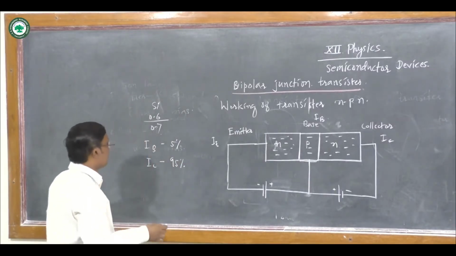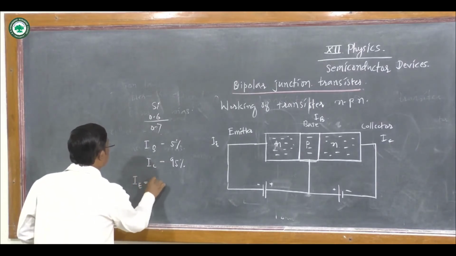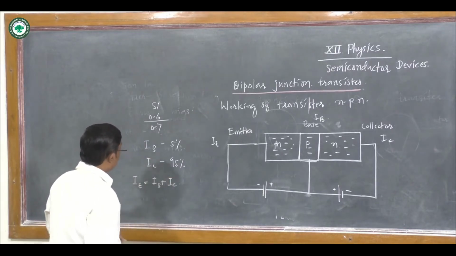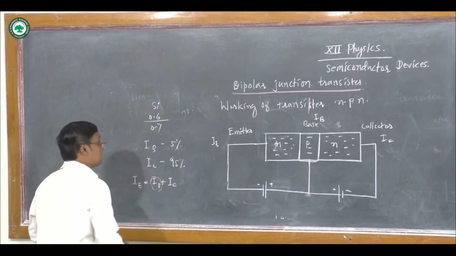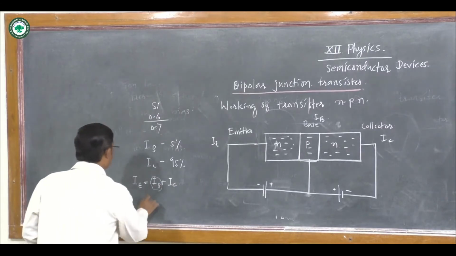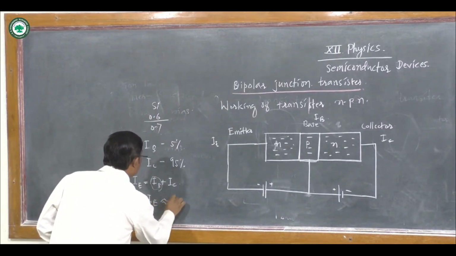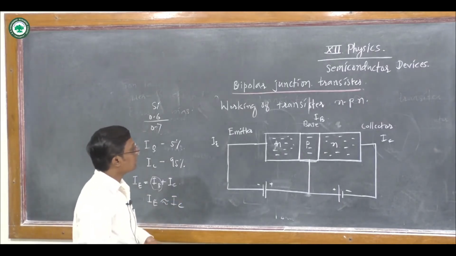In this way we can write that the total IE is nothing but IB plus IC. This base current is very small, so the emitter current IE is nearly equal to IC, the current flowing through the collector.